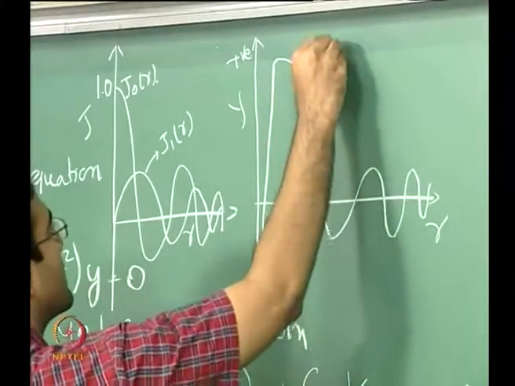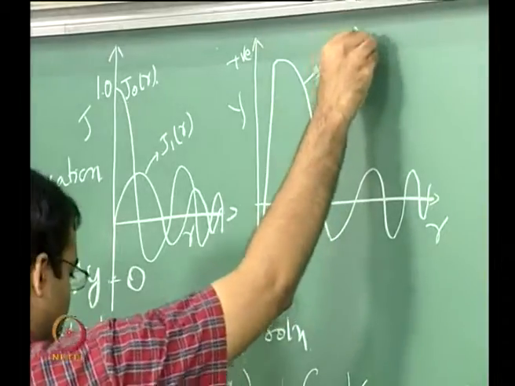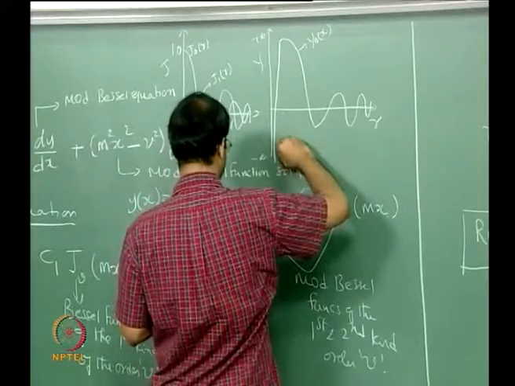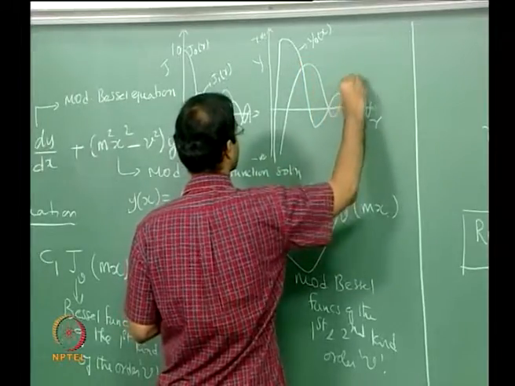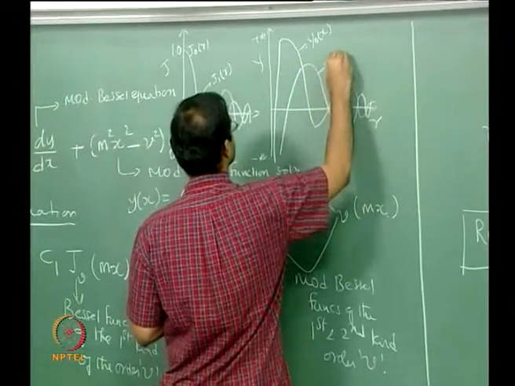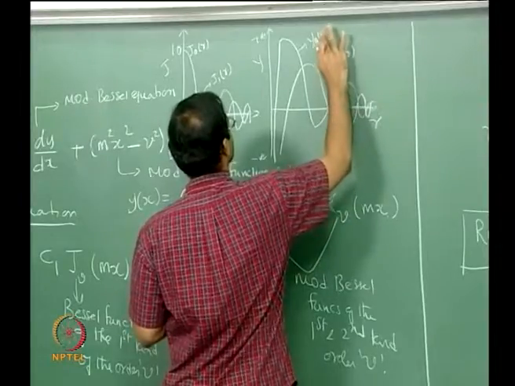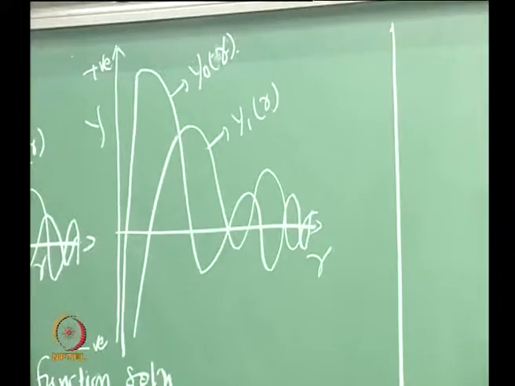So this is your Y naught of x, and you will find that Y1 will have another behavior like this, Y1 of R, Y naught of R.